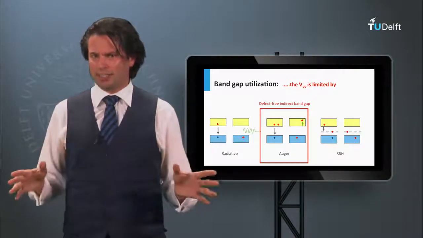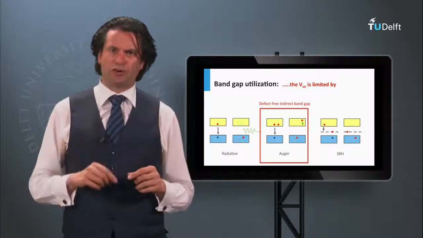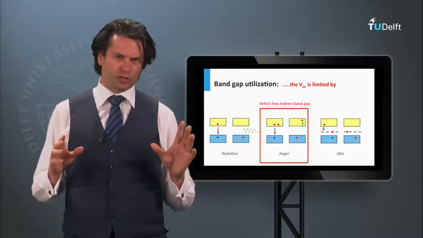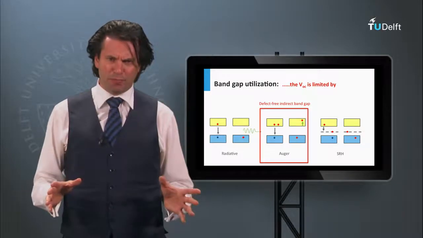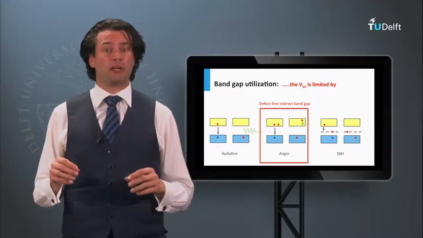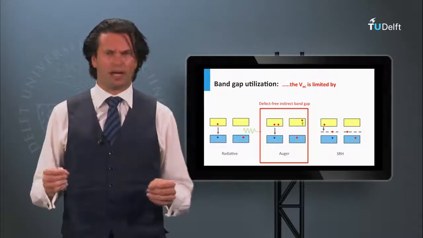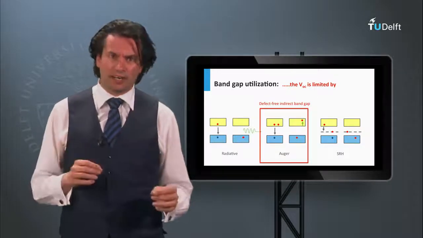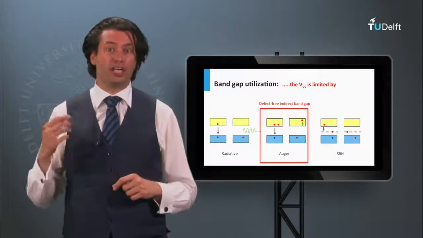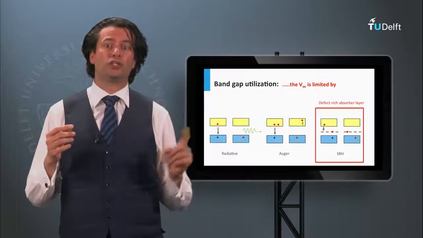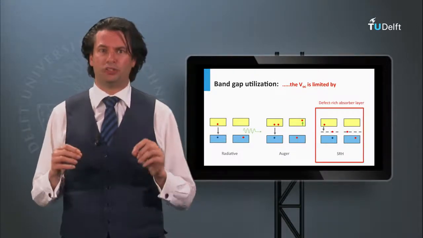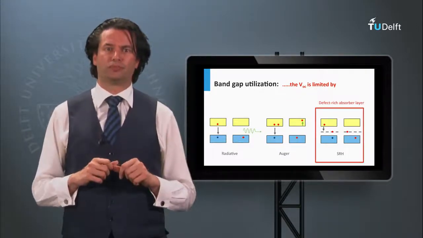Let's consider the last design rule, which is the utilization of the bandgap energy. As discussed in week 3, the bandgap utilization is determined by the recombination losses. As silicon is an indirect bandgap material, only Auger recombination and Shockley-Read-Hall recombination will determine the open circuit voltage.